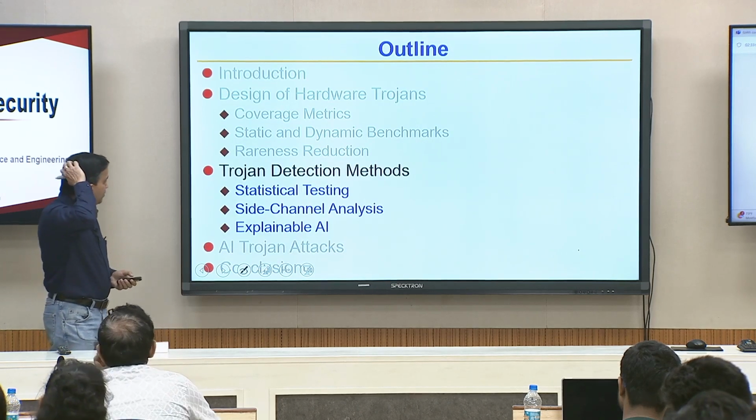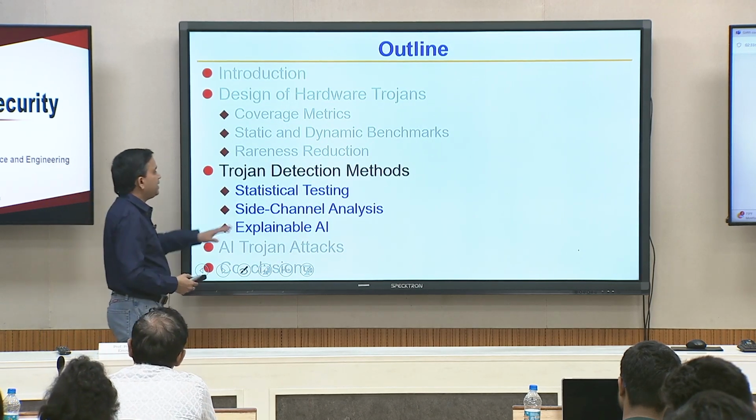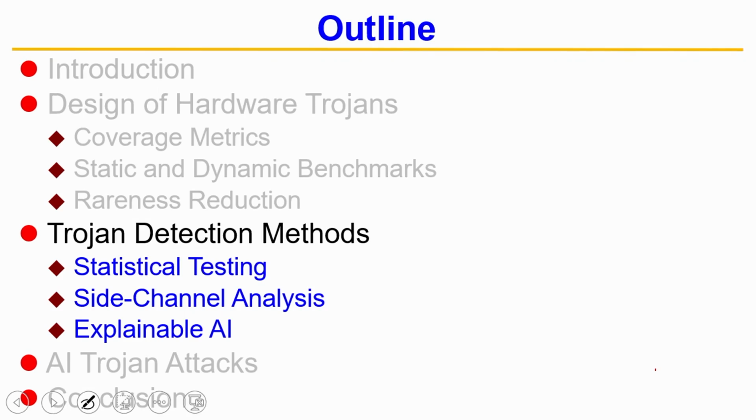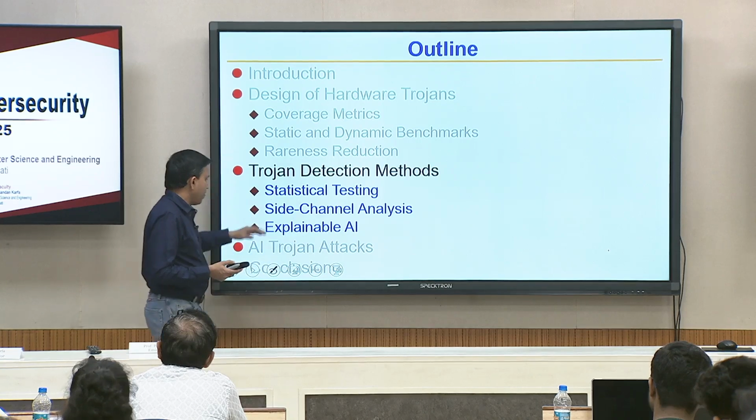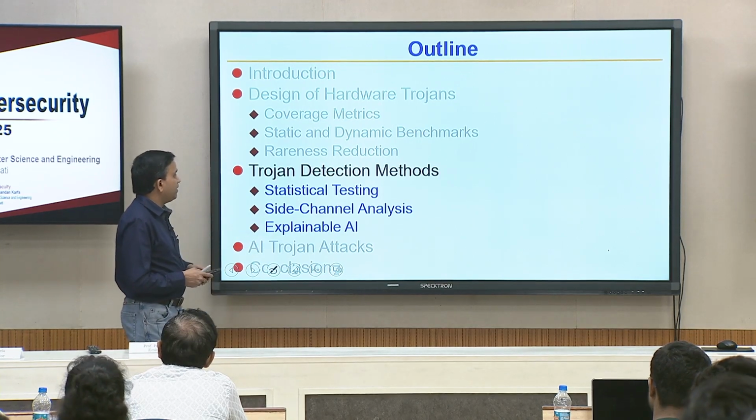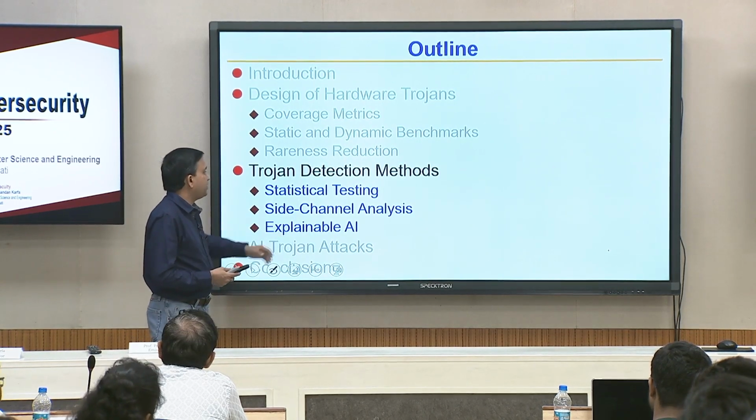Now, I am going to talk about different Trojan detection methods, and as I go along I will introduce many ideas. Each of the ideas has a publication on AI. I will not get a chance to talk about all of them, but during statistical testing I will talk about Shapley value analysis, an explainable AI technique, and reinforcement learning, during side channel also a few of them, and golden free detection; of course, all of them are based on AI.